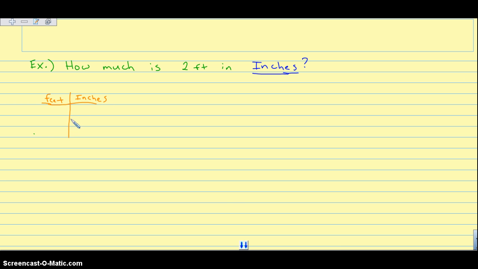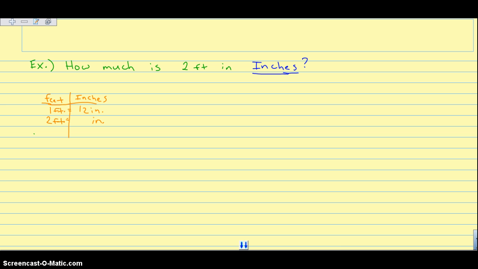Now, what do we know? Buddy says that 1 foot equals 12 inches. Now, if I have 2 feet, how many inches would that be?